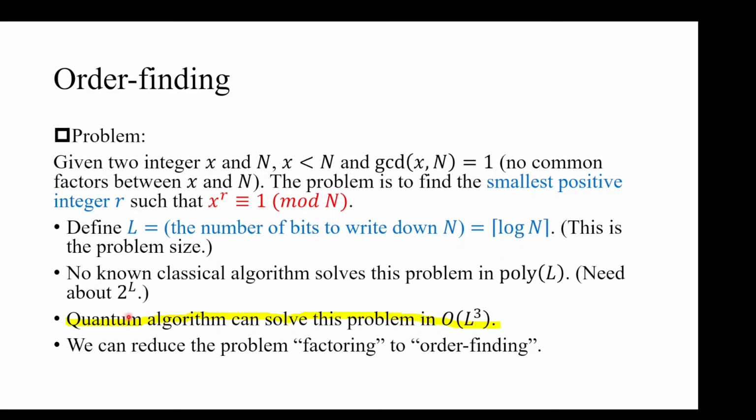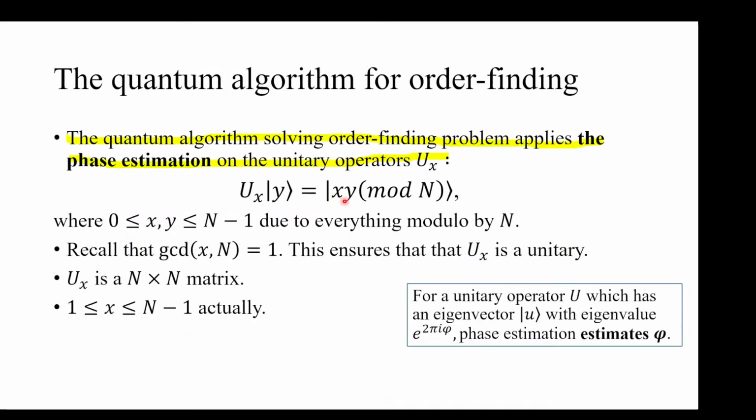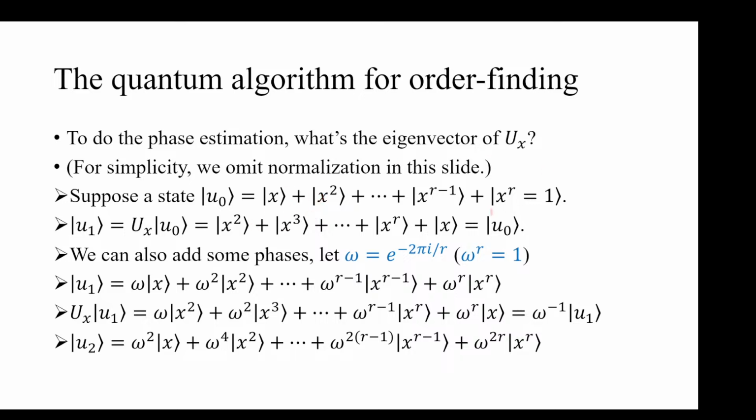So on a classical computer, we need about 2 to the L, the number of bits of N, to do this problem, and what you do is you multiply x mod N. Okay, so you do phase estimation on this, and you see that the phase we get is related to the r we get, because the eigenvectors of this weird unitary are superpositions of all the possible powers of x mod N.